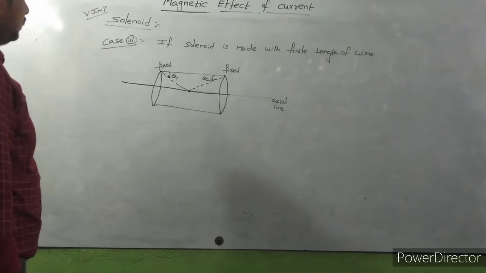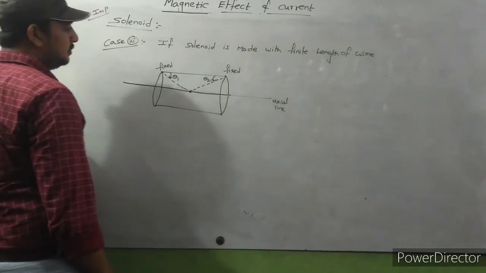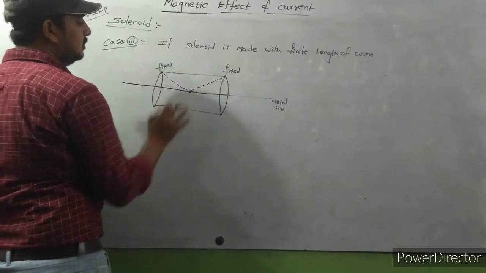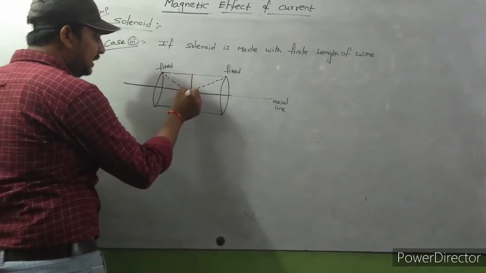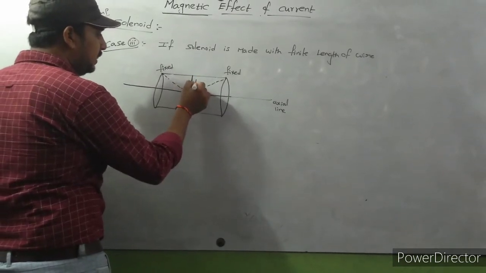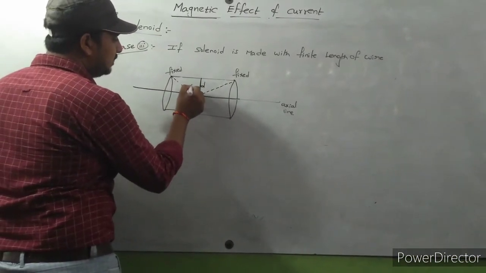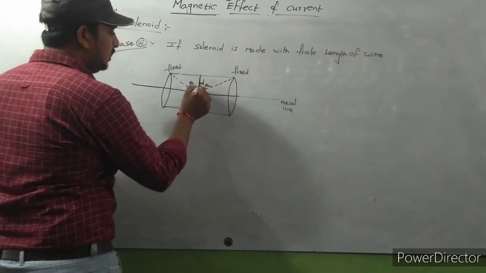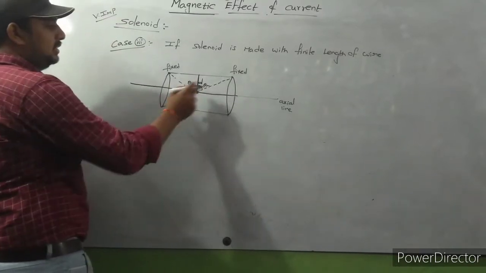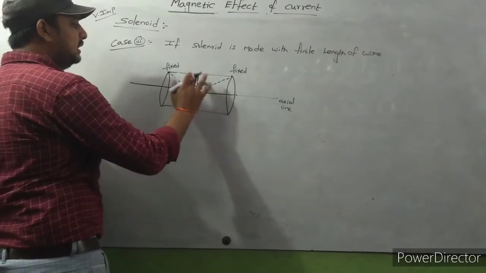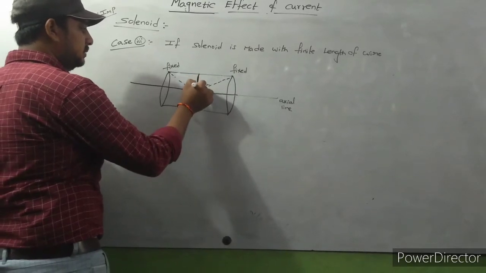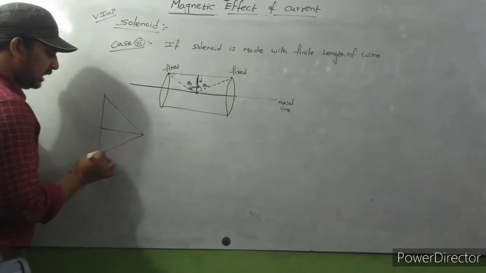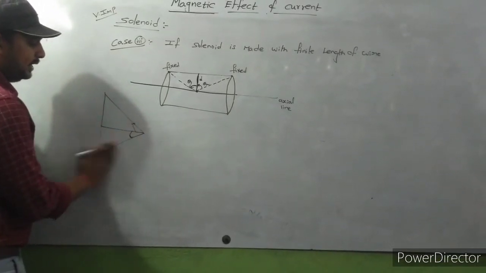Next, this is the perpendicular distance. If you consider angles here, this is theta 1 and here it is theta 2. Generally, for a straight wire, the point is here and we take angles on opposite directions; similarly here also.